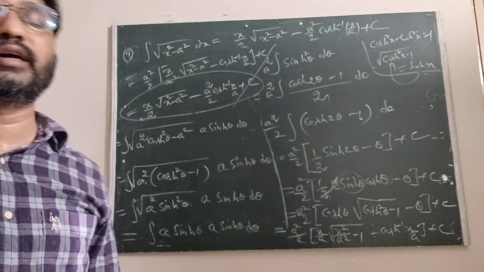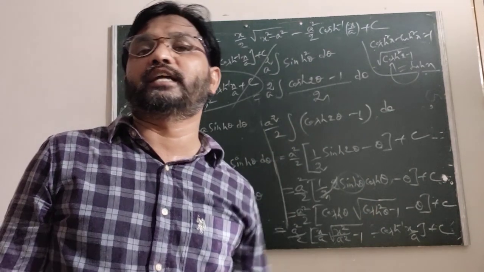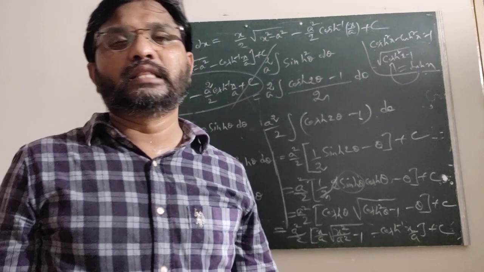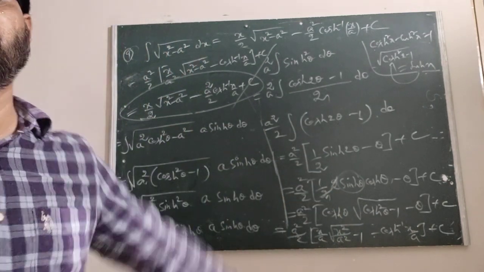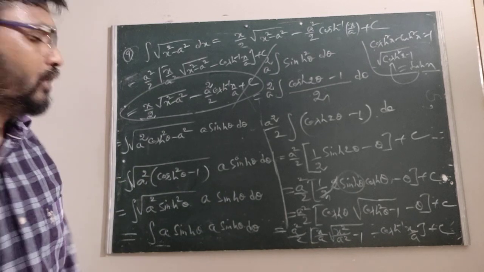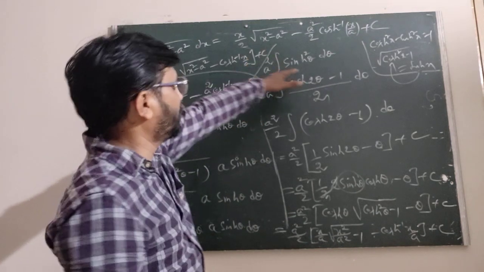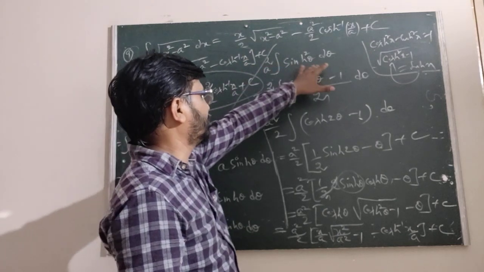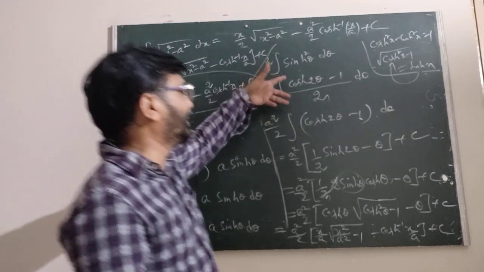In that case, we take the suitable substitution x equals a cosh theta. After differentiation, dx equals a sinh theta d theta. Then these are substituted in this. We are getting a square sinh square theta. All of you remember, this is a very crucial step.